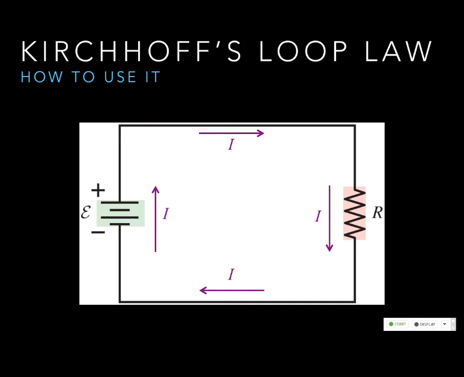No. You just have to guess which way the current's going and then be consistent with your sign conventions. So you go around. The delta V here is just the potential of the battery. The delta V here is going to be minus IR, which means E minus IR is 0, and you end up with basically Ohm's law.